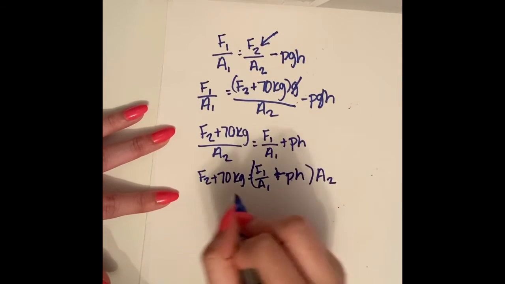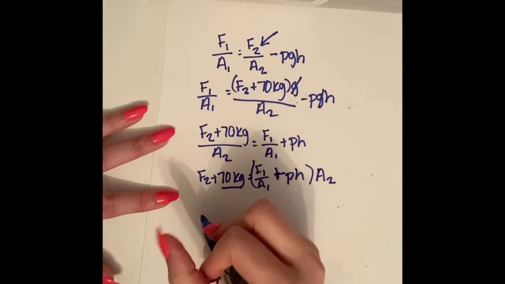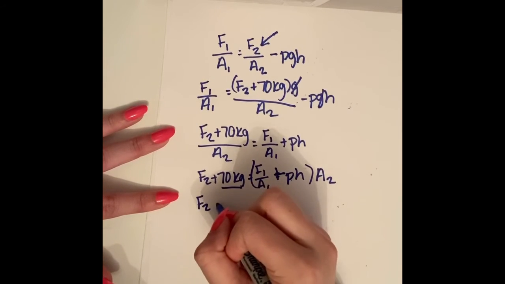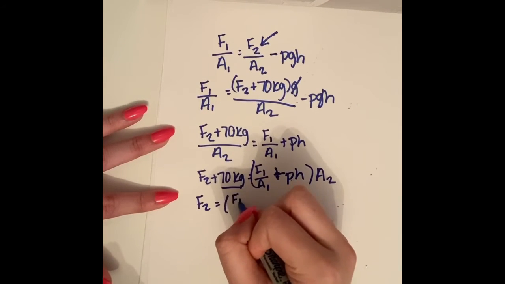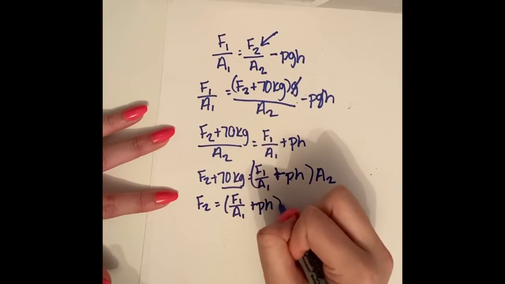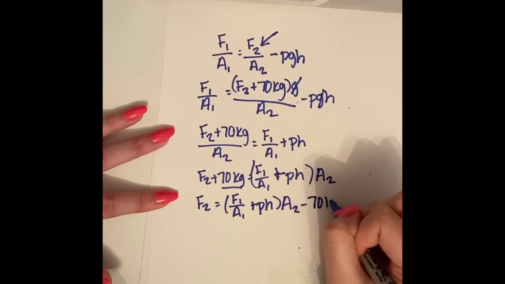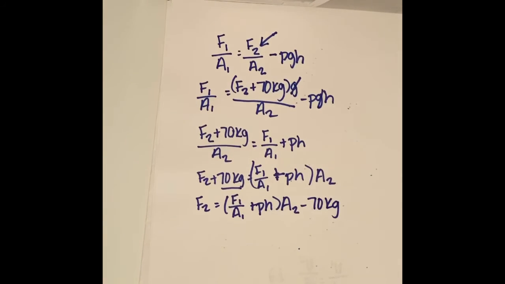And then from here, we will subtract 70 kilograms to the side. Okay, so now that we have F2 all by itself, we can plug in the numbers and solve this equation to get the mass of the second student.